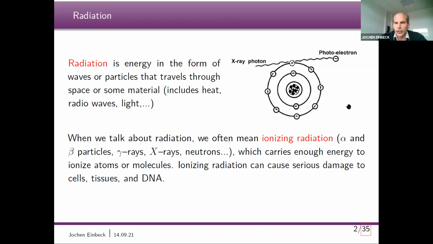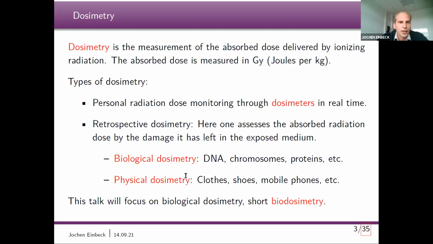That means radiation which carries enough energy to ionize atoms or molecules. You have here an example of a photon which kicks out an electron, and then an ion with a positive charge remains. And ionizing radiation can cause serious damage to cells, tissues, DNA in the human body, for instance.